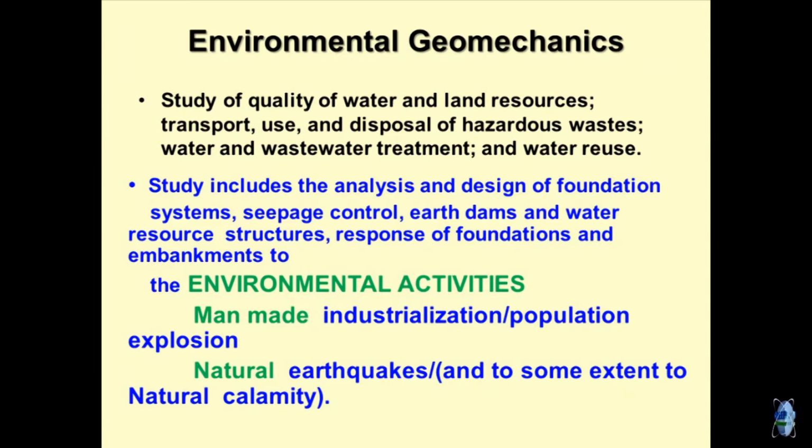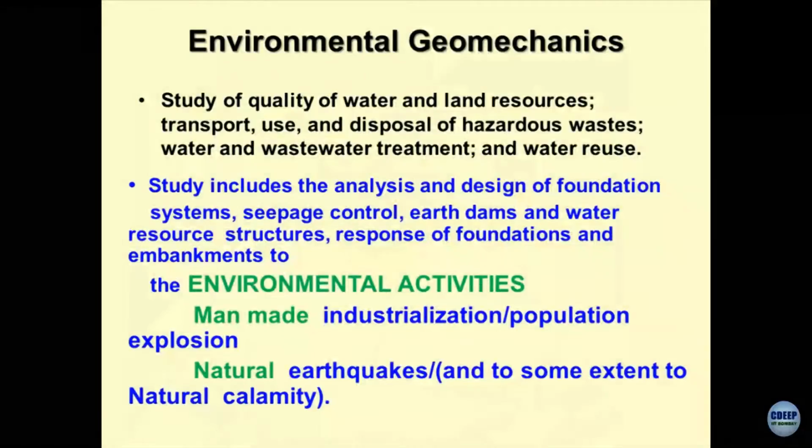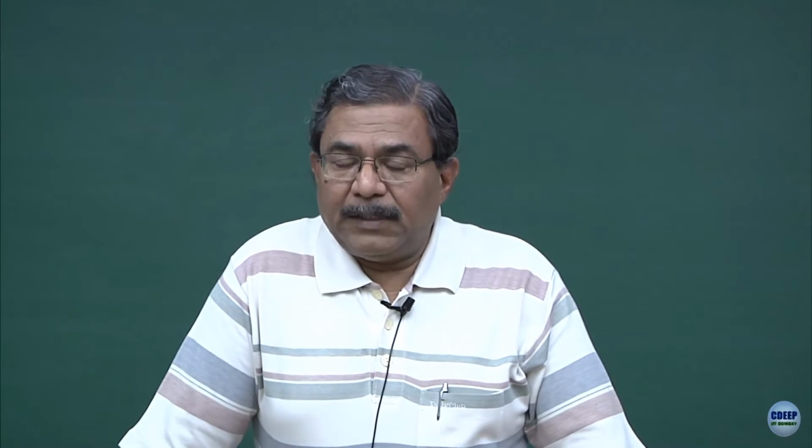Another thing could be cloud burst, a natural disaster. I hope you understand what is meant by cloud burst: all of a sudden a tremendous amount of rainfall taking place in a limited time. Mostly this happens in hilly terrains, the upper reaches of the Himalayas or the hills, but nowadays it is becoming very common in cities also.